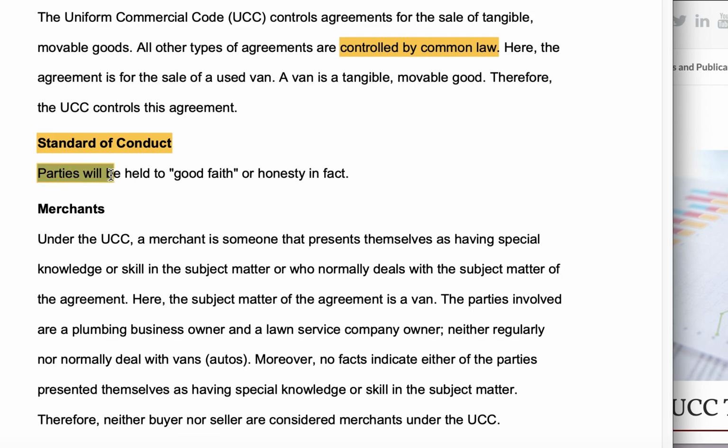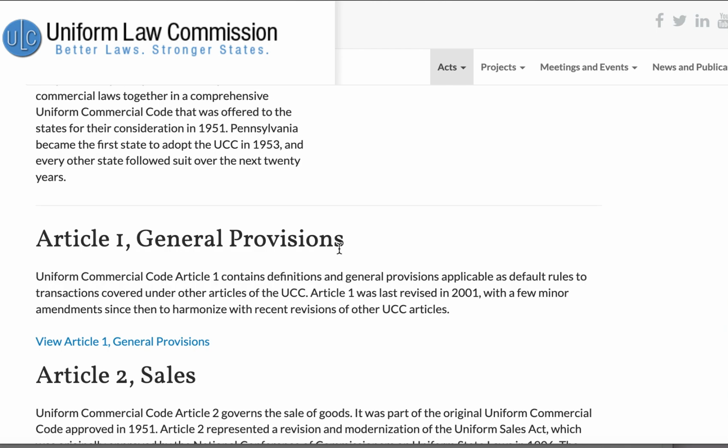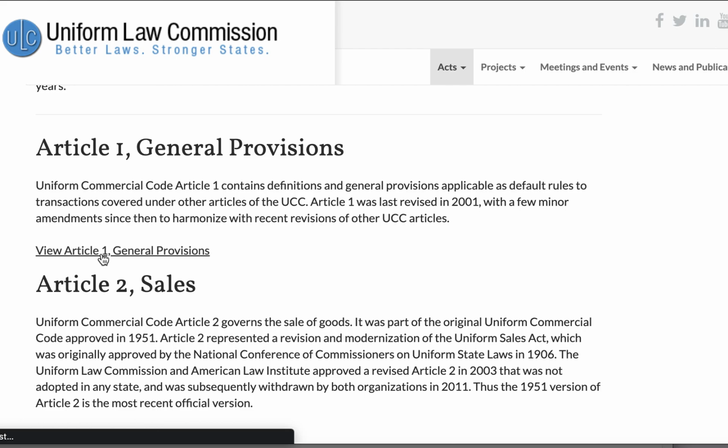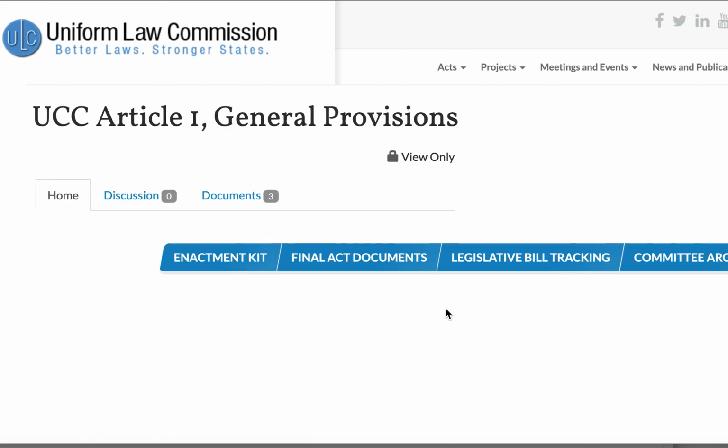So UCC Article 1 does talk about the parties being held to good faith. Those are the general provisions. I just know this off the top of my head.